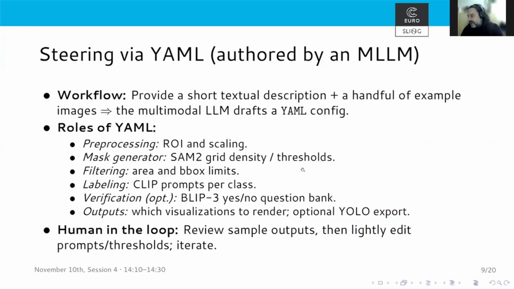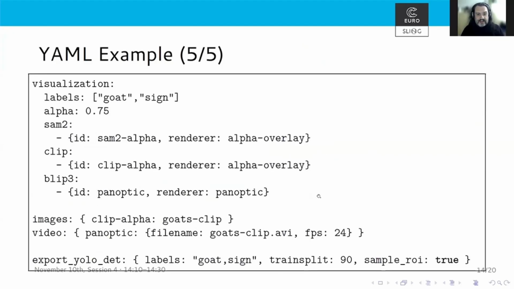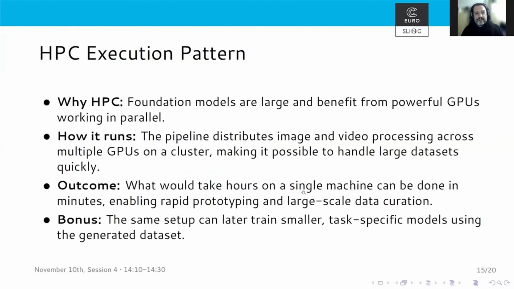We can run this a couple of times, iterate, and tell the LLM, look, you didn't do it right, I'm getting tons of grass patches on the field where I told you to only search for goats, and then it will reiterate. So it's a quite fast iteration.